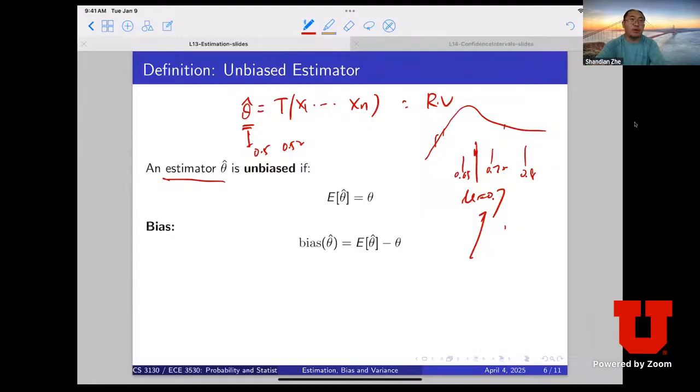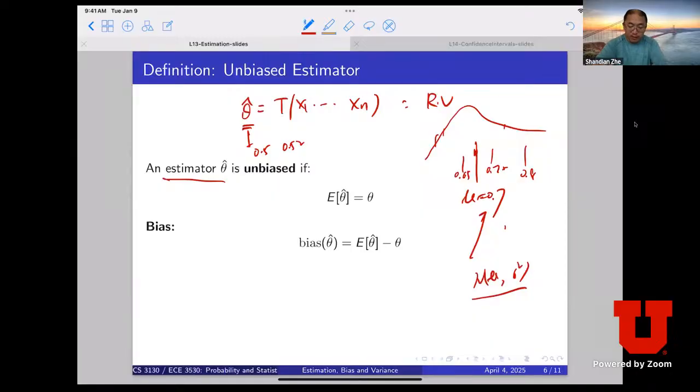Then comes a question, right? So it is a random variable. That means it is highly unlikely that your experiment, which gives you the estimator's value, is exactly the same as the ground truth. For example, what is the mean parameter and the variance parameter for your Gaussian distribution?